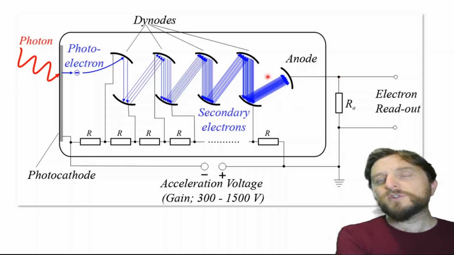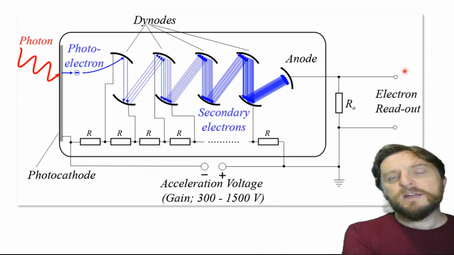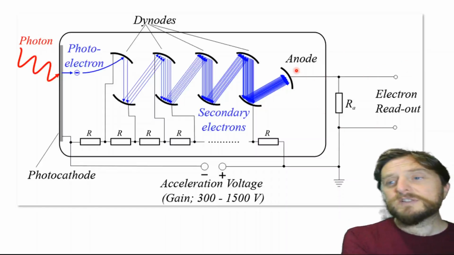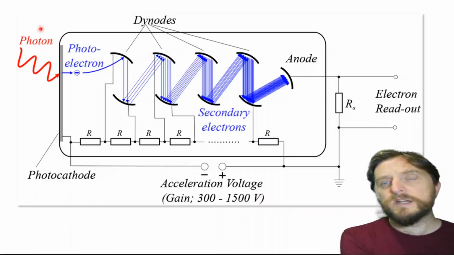Those electrons can flow through the resistor here to ground and can produce a voltage pulse out of the whole thing. And that voltage pulse can come from a single photon. You can produce a measurable current, measurable voltage out of this device from a single photon if the thing is set up right.